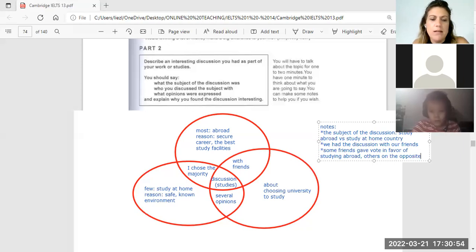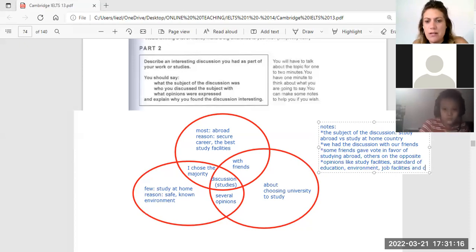Okay, another note, opinions like study facilities, standard of education, environment, and job facilities, and career. We spoke about that.